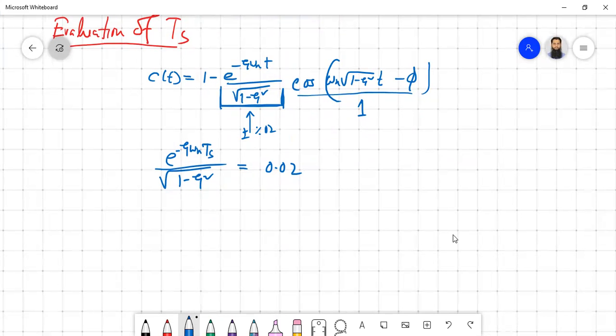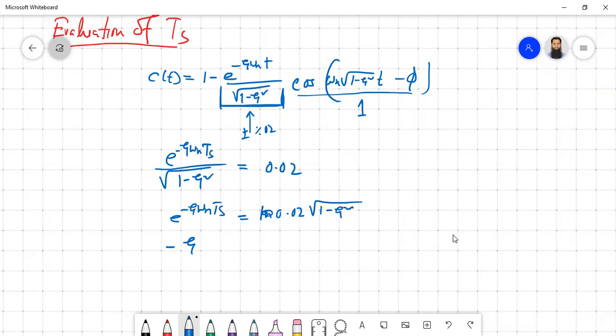So now just cross multiply. What we are going to get is e to the minus zeta omega n ts equal to 0.02 over 1 minus zeta square.